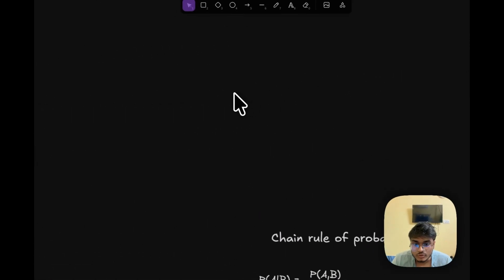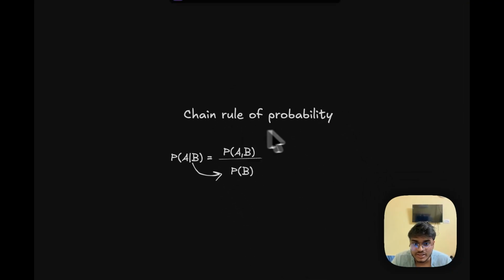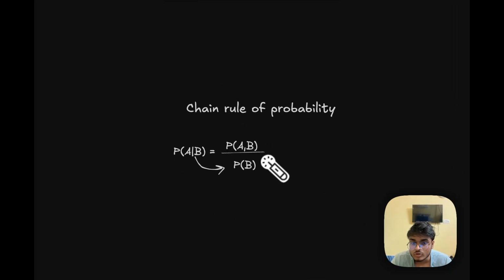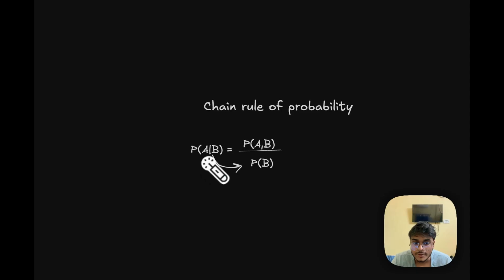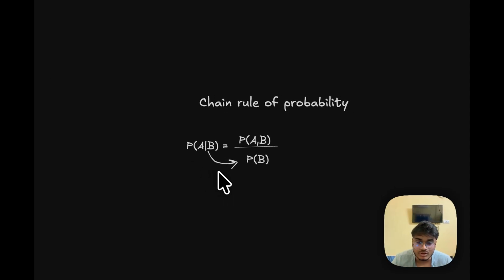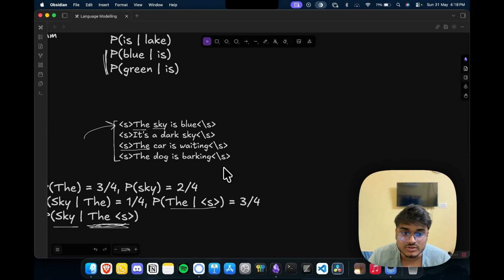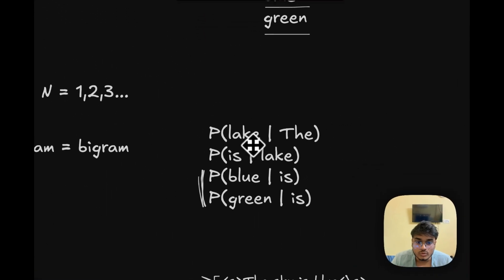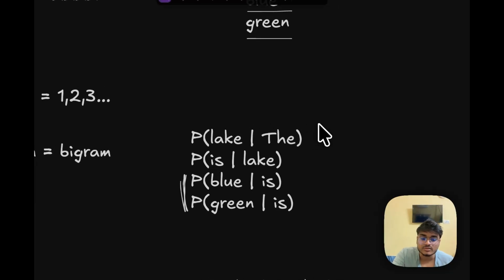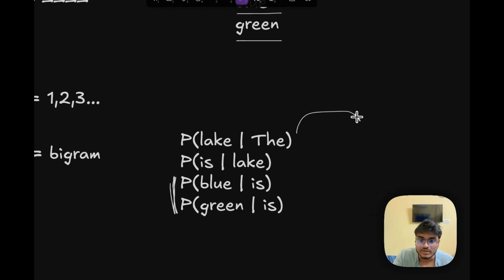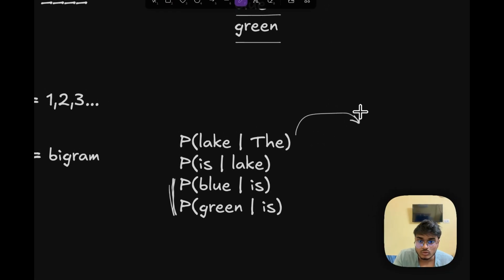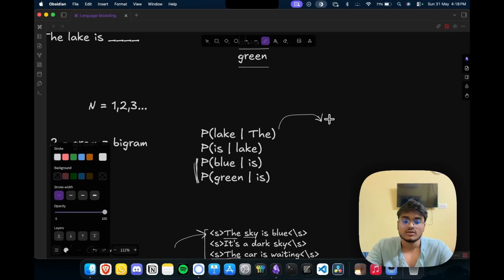Before that, I'm going to explain the chain rule of probability. So this is the chain rule of probability. You might have to remember this particular equation. This particular thing basically means: what is the probability of this sentence?